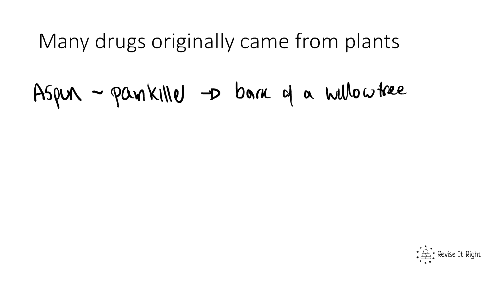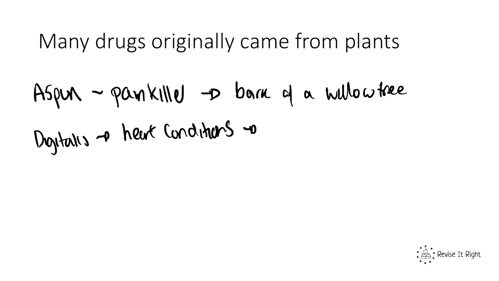So here is one example really of how we're using these chemicals produced by plants to our advantage. A second one that we need to learn about is Digitalis. Now you may or may not have heard of Digitalis, but it is used to treat heart conditions. Now this was actually developed from a chemical found in foxgloves.